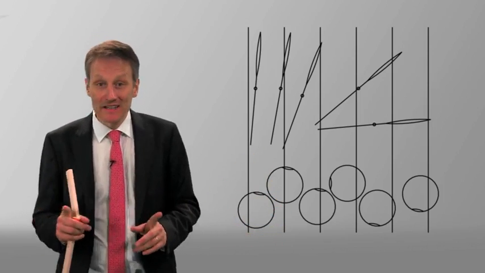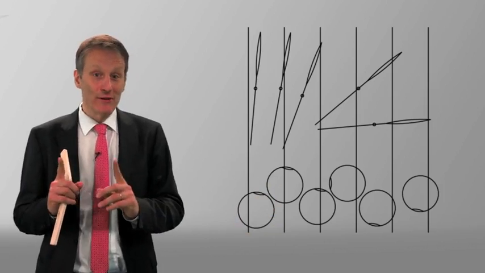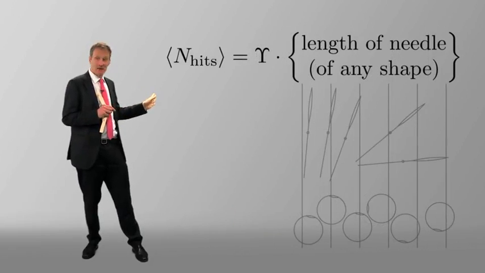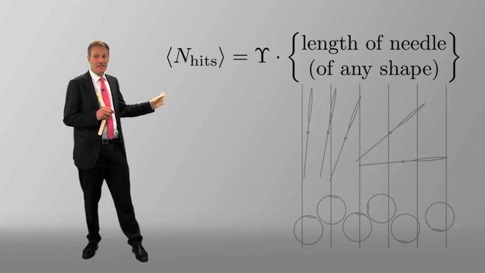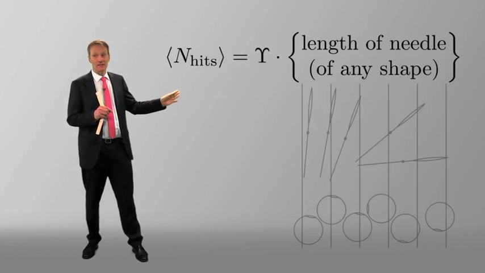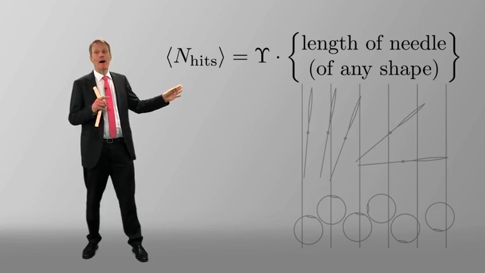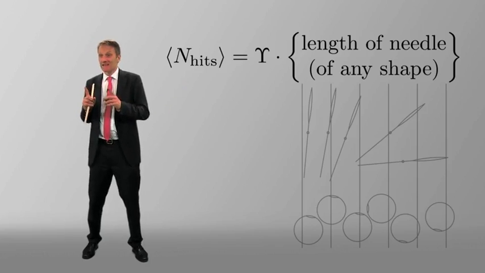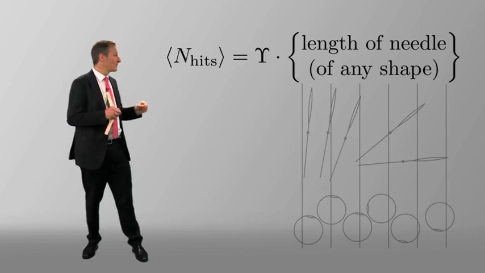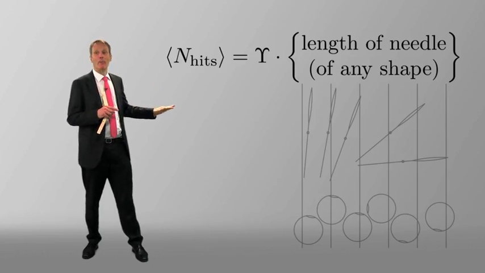But for the round needles we also have the law that the mean number of hits, which is equal to 2, is equal to upsilon times the length of the needle. But this length of the needle is pi. So we find that upsilon must be equal to 2 over pi.